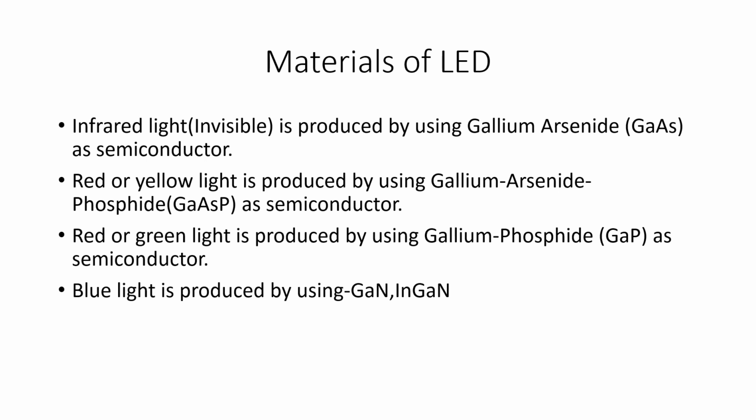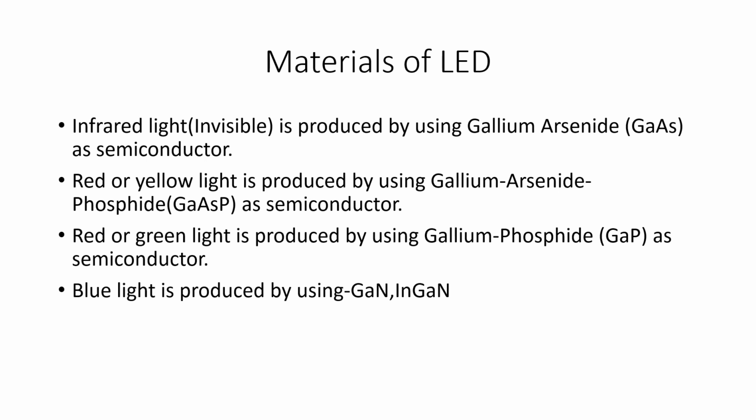Next we'll see the materials used in LED. If gallium arsenide is used in the LED, we will get infrared light, that is invisible light. At the same time, if gallium arsenide phosphide is used to manufacture the LED, in that case we will get red or yellow light.